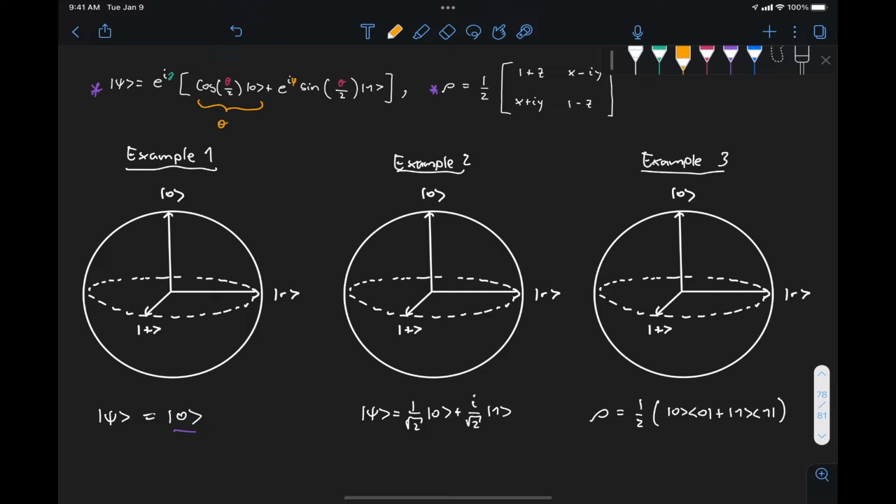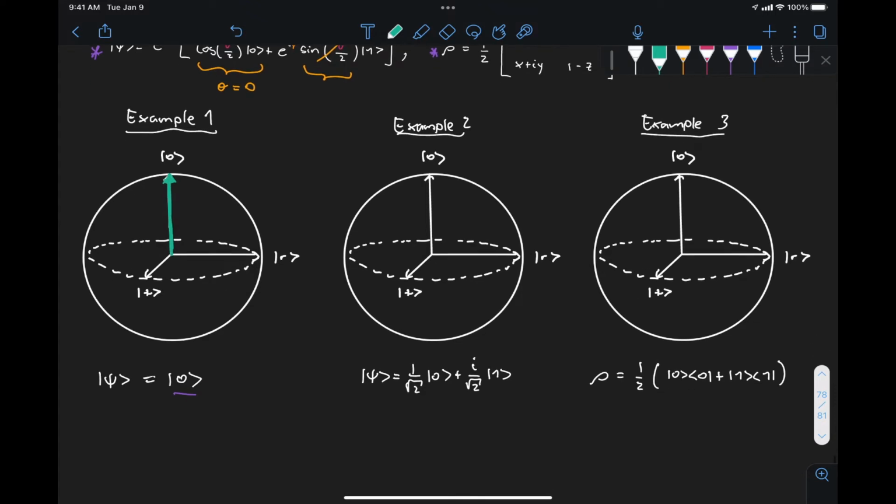So that means that theta must be equal to 0. Now, if we replace that theta here in the sine of theta over 2, then this term will be equal to 0. Now, in the Bloch vector, we know that the angle theta is the angle between our state and the z-axis. So that would mean that our state vector is pointing in the plus z direction.